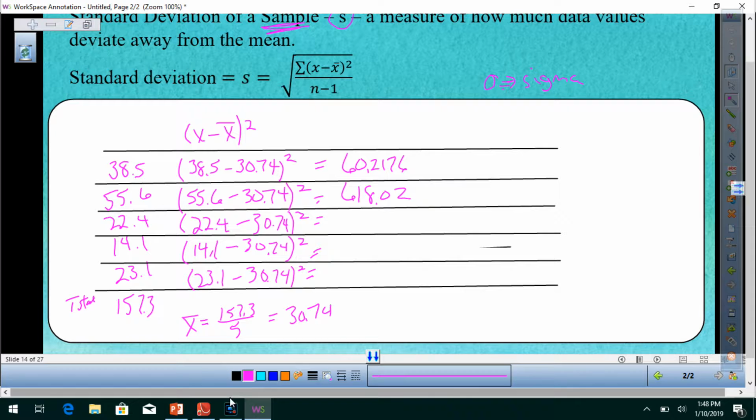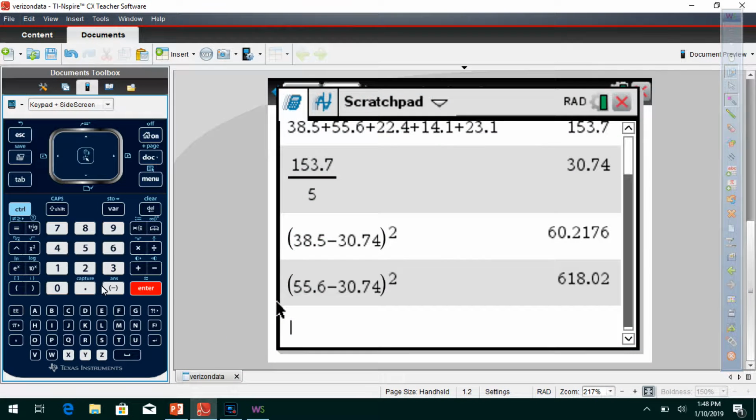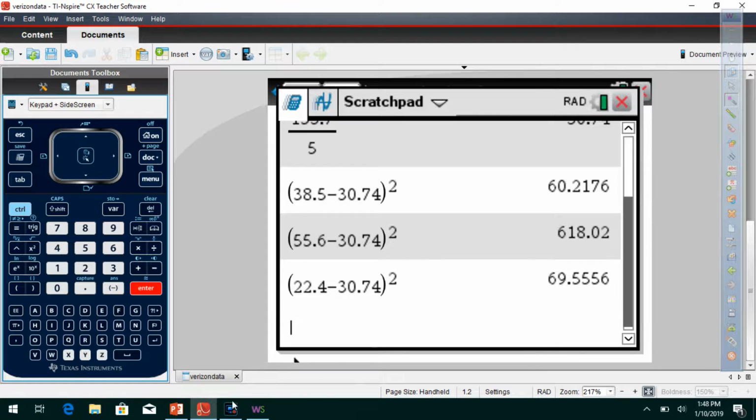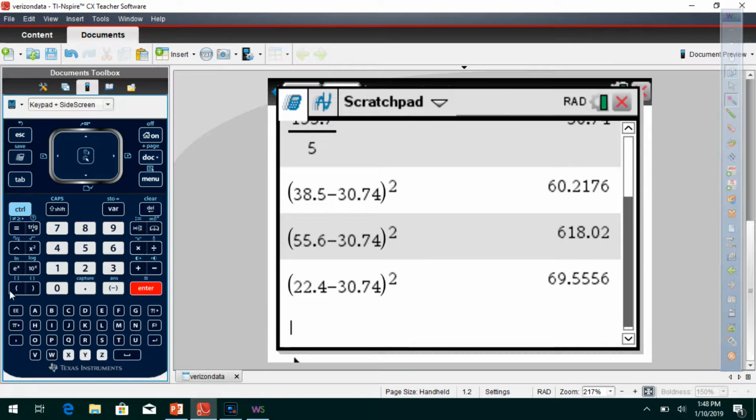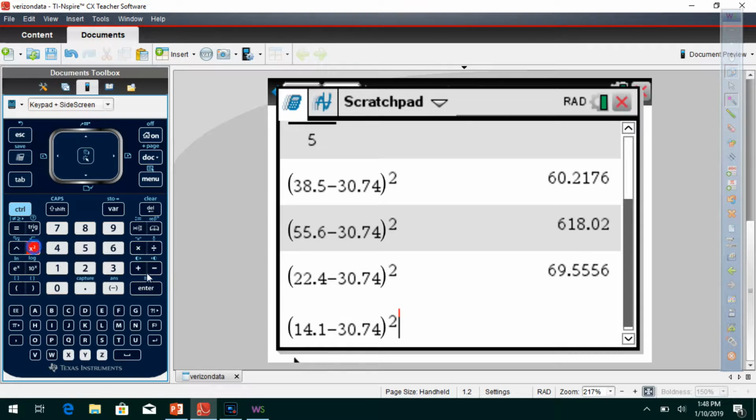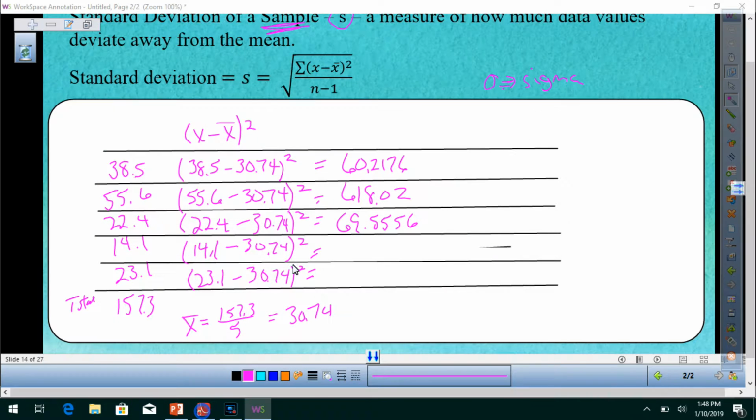We just have 3 more. 22.4 minus 30.74 squared is 69.5556. 14.1 minus 30.74 squared is 276.89.